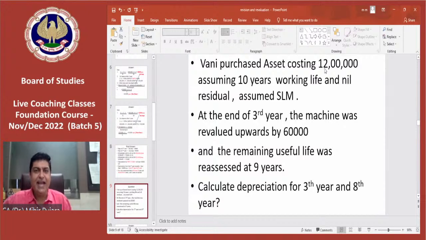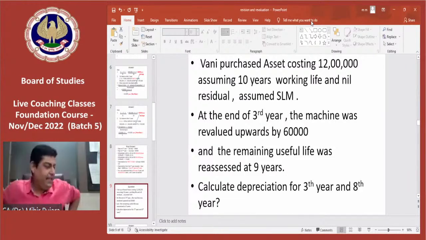Please read it and tell me what is C, what is S, what is E, what is N. Be fast, guys, and tell me what is C, E, S, N in this question.